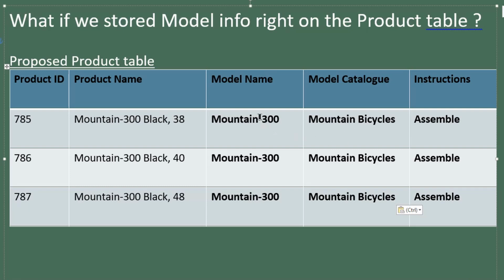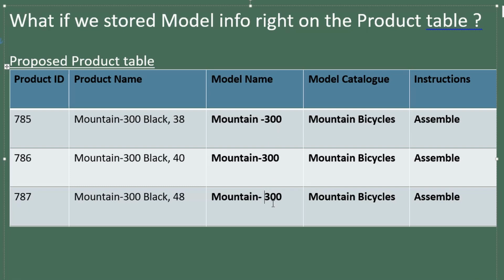Now, the other reason is a data consistency reason. Let's say, for example, we wanted to do a report of all bicycle products of model name Mountain 300. Let's say that when they were entering this particular product, someone made a spelling error in the model name and happened to put a space there. Or let's say on this one down here, they happened to put a space after the hyphen.